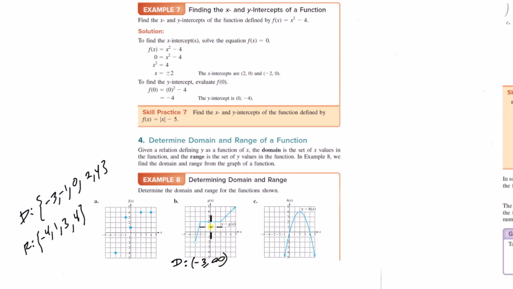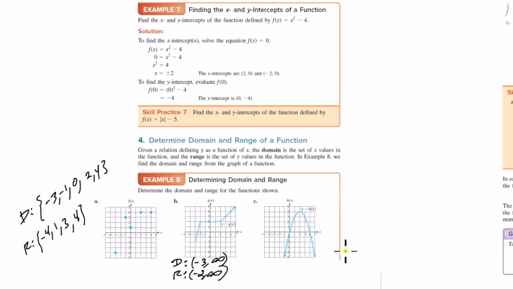You can input and you're going to get an output. All right. The range: you're never going to get -2. No matter what you input, from any number from -3 to infinity, you're never going to get -2 ever. But you can always find a way to get something that's greater than -2. Anything greater than -2.